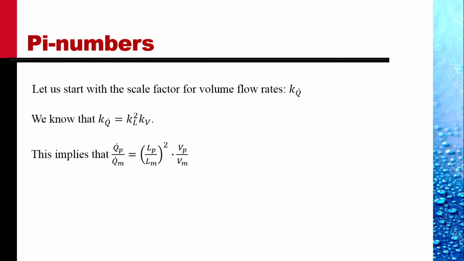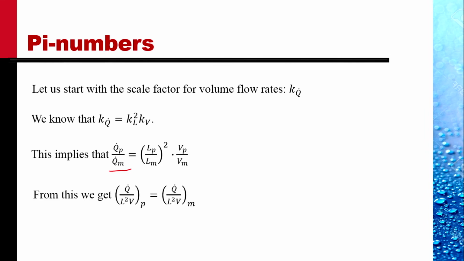that the ratio of the volume flow rate in prototype and model is equal to the square of the ratio of lengths multiplied by the ratios of the velocities in the prototype and model respectively.